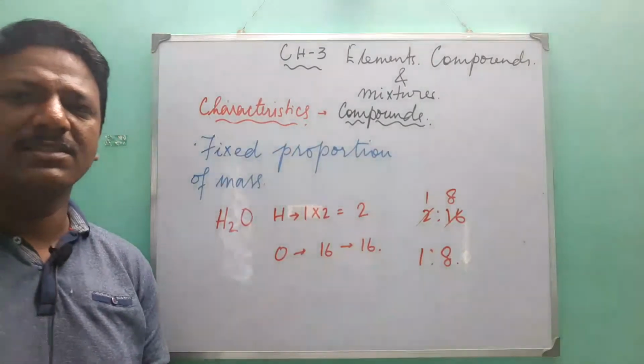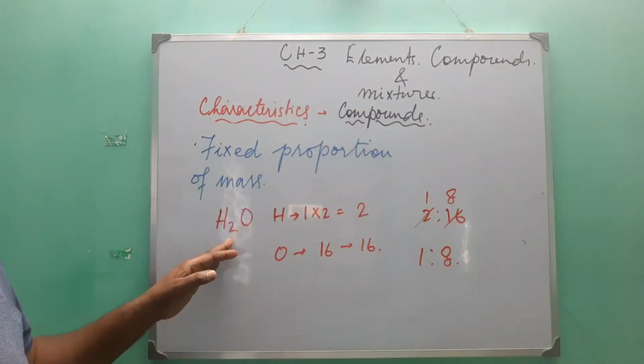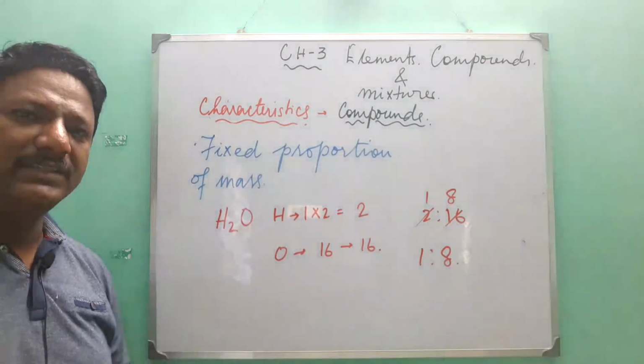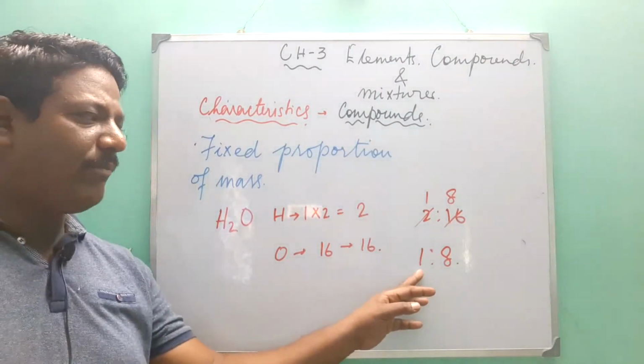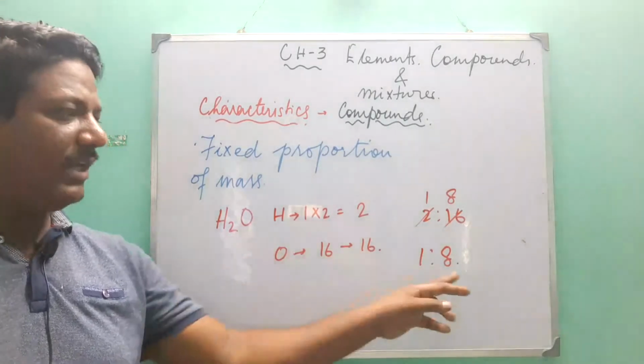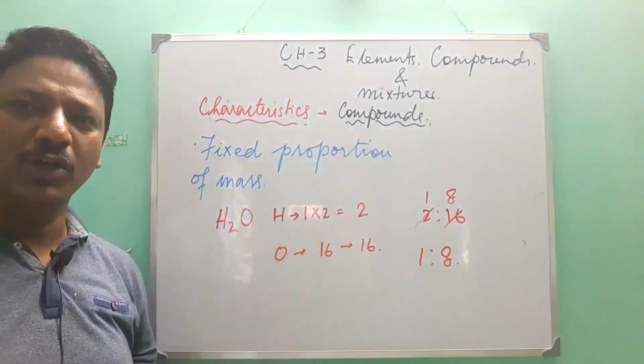So the simplest form of the ratio of the combined mass of the combining atoms is 1 part of hydrogen combines with 8 parts of oxygen to form water.